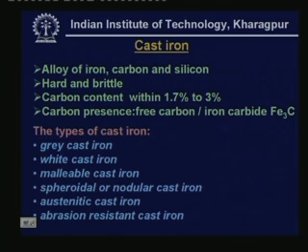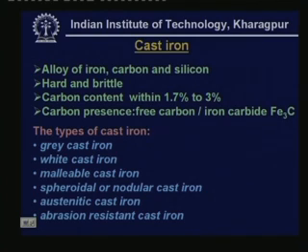In which form are the carbons present? The carbons are present as free carbon or iron carbide, whose chemical formula is Fe3C. So, this is the basic definition of cast iron.